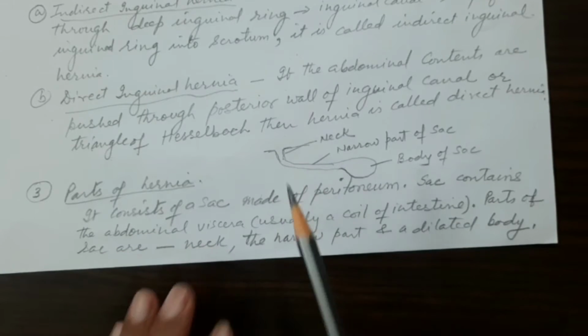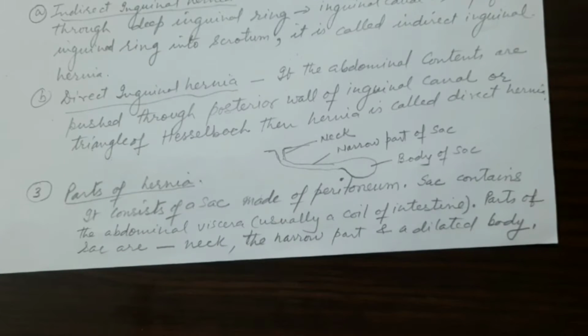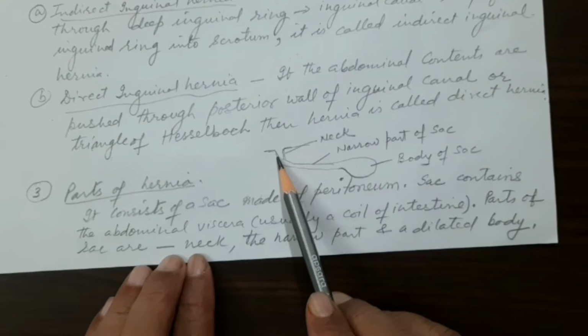It is the narrowest part, where it pushes its way into the deep inguinal ring. There the peritoneal sac has the neck. So the first part is the neck, which lies in indirect at the deep inguinal ring.